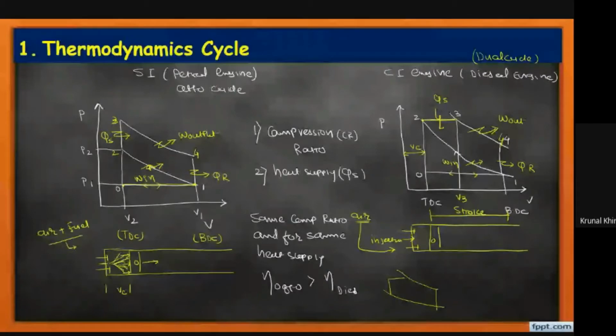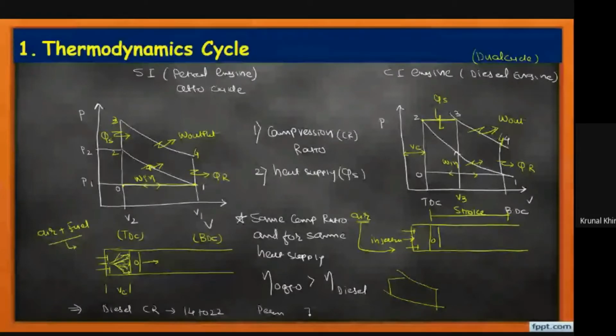But we know that in practice, though we have discussed this theoretically, in the diesel engine the value of the compression ratio is in the range of 14 to 22, whereas in the case of a petrol engine it is in the range of 7 to 10.